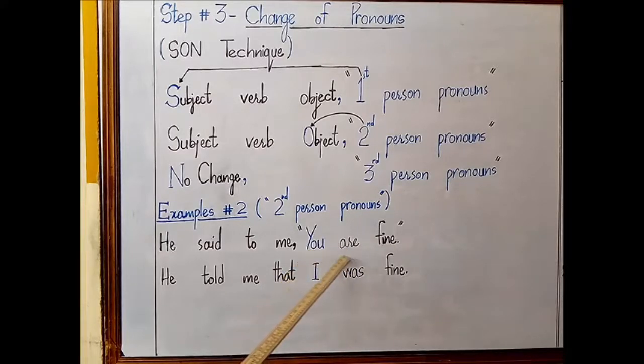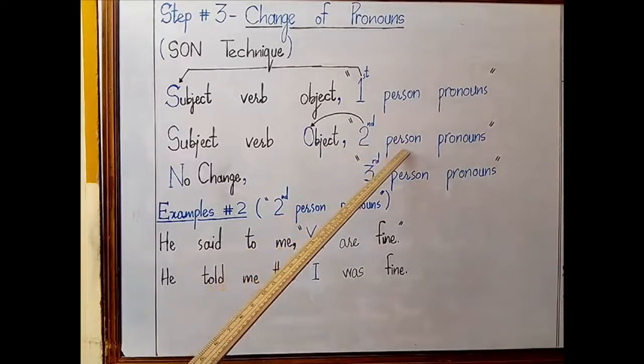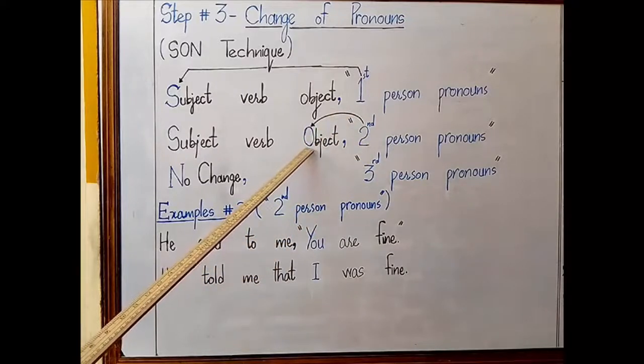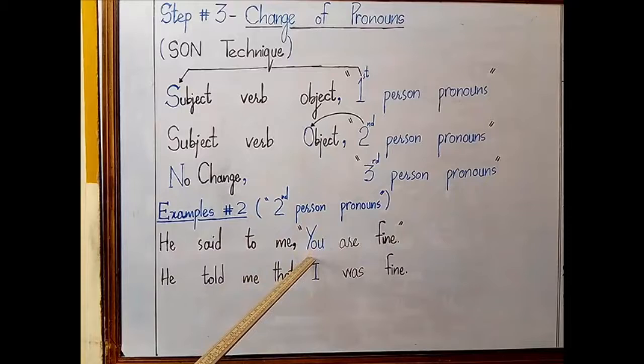This pronoun is given here inside the inverted commas. How many pronouns are there? Only one, and that is you. And you is the second person. So when we have second person pronouns, we change the second person pronoun from the object of the reporting speech. So you is a pronoun we have to change.